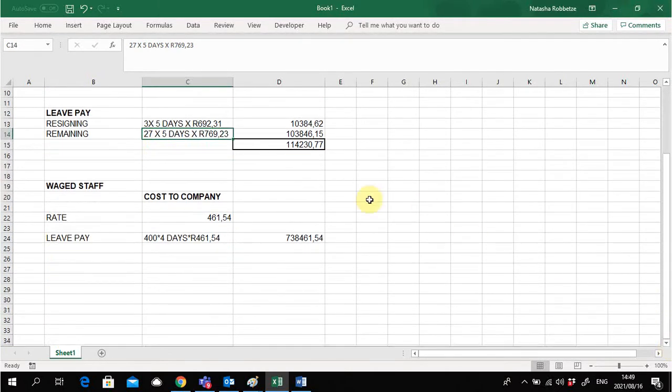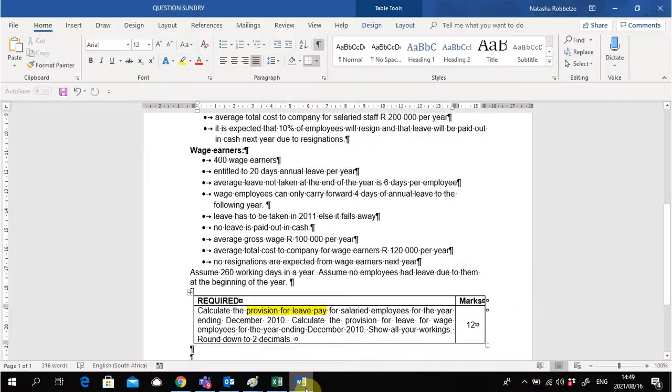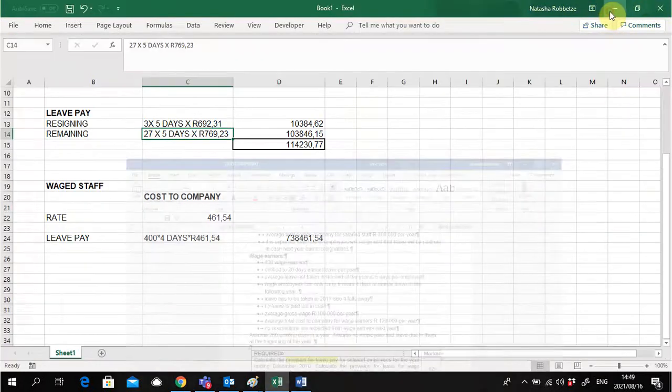Thereafter, with the wage staff, we had to remember that we have to limit it to 4 days. So even if they have 6 days unused, the policy says only 4 days can be carried forward for next year, for providing for next year, which is the provision for leave pay that we've created.